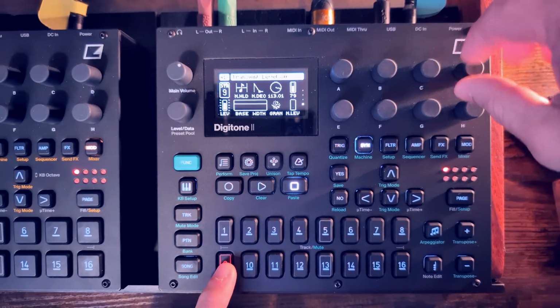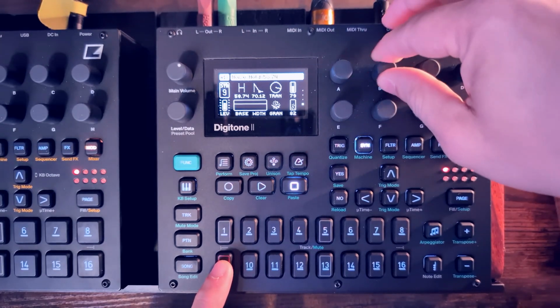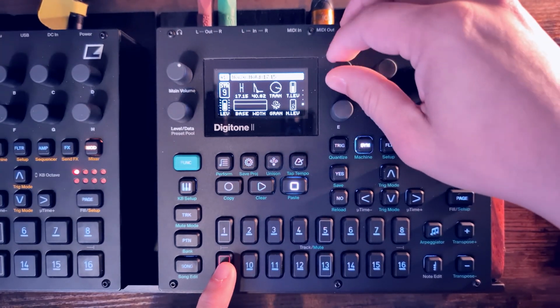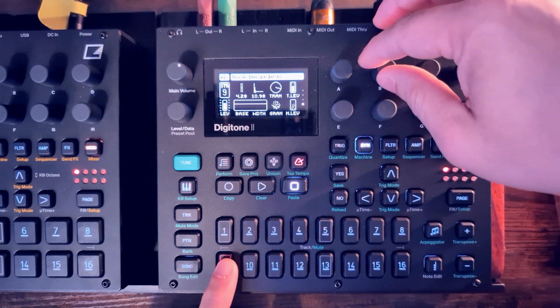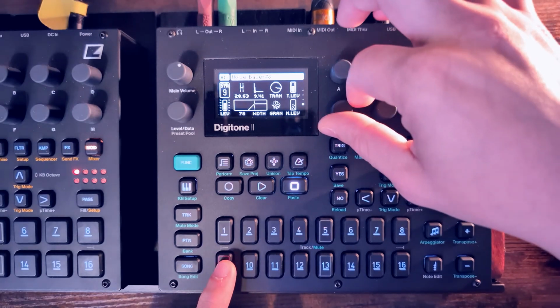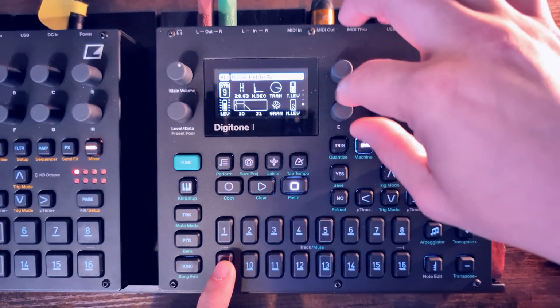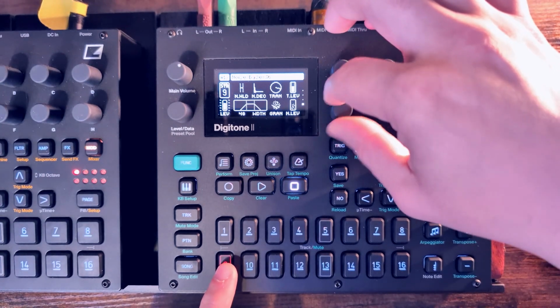So the transient level is there, noise level is there. The noise hold and decay will affect both things, so just keep that in mind, that this is a filter for the noise and transient. It'll affect both of them.